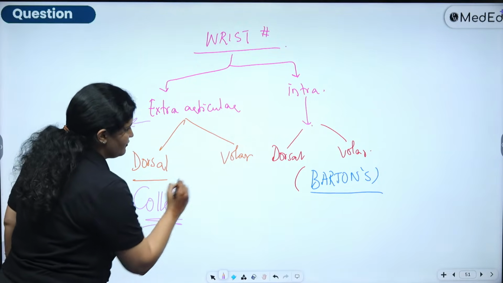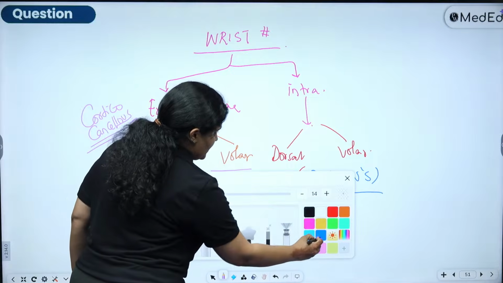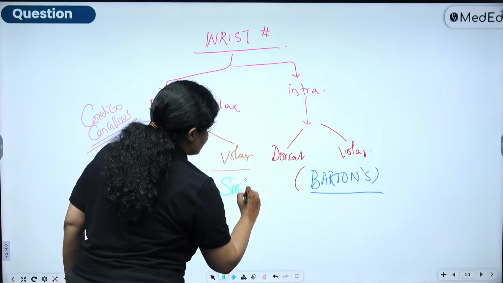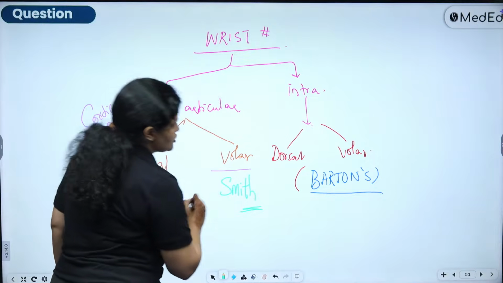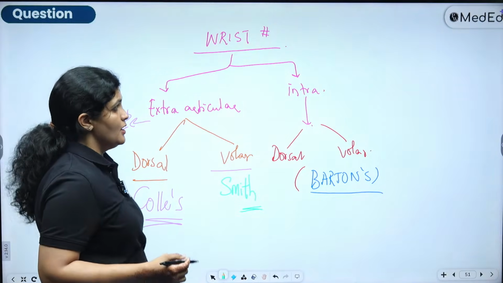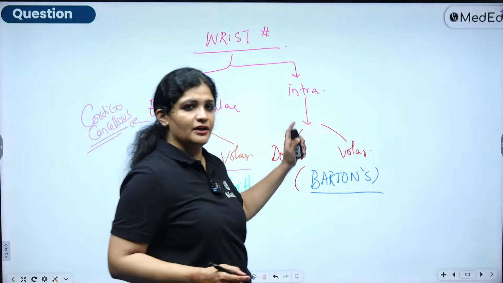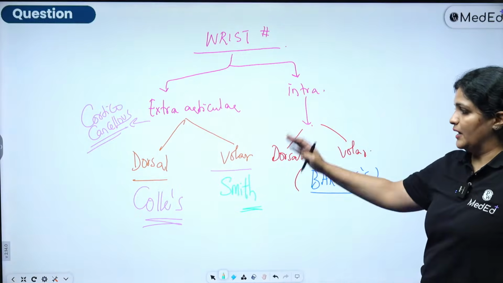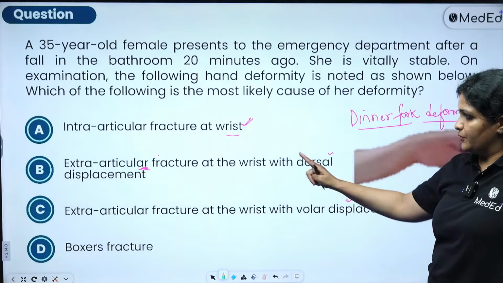A similar fracture with volar displacement is called the Smith fracture, the reverse Colles fracture. But whenever it is an intra-articular fracture, it is Barton's. Very good. So intra-articular is Barton, extra-articular might be Colles or Smith depending upon the displacement.